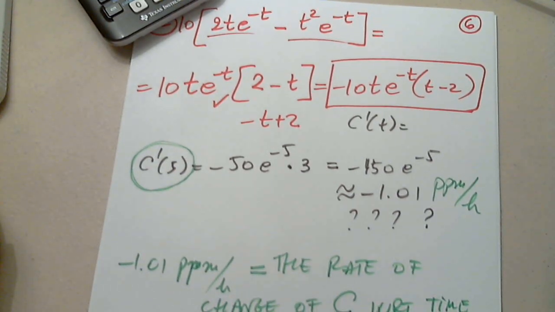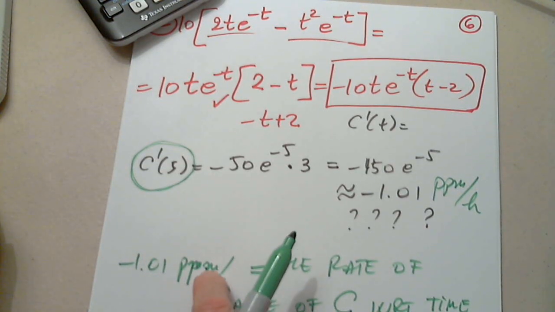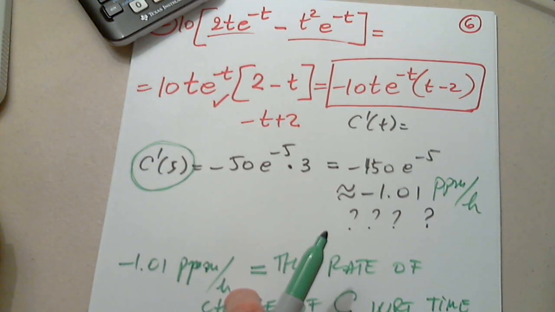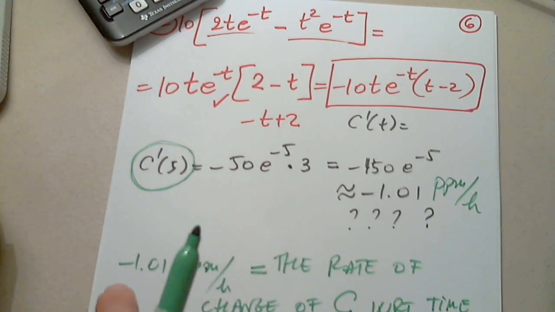So 5 hours after I took the medication, the concentration decreases in my system by 1.01 parts per million per hour at that moment. 5 hours.